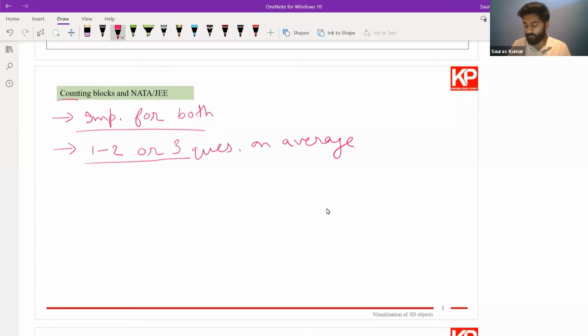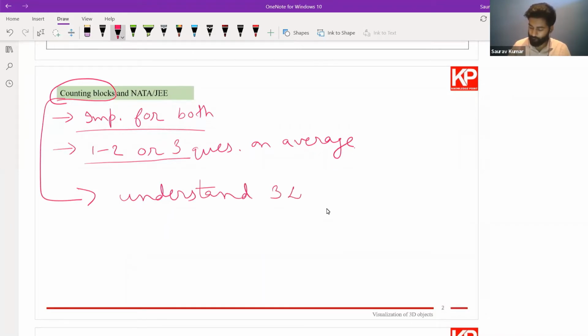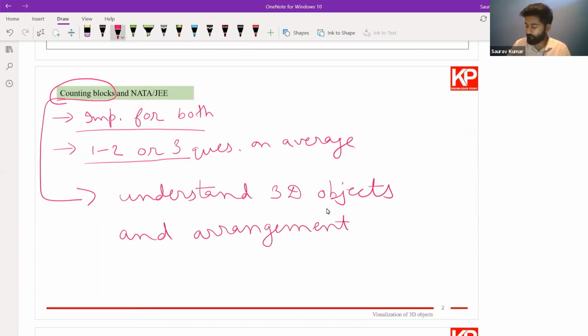And in this particular topic, that is the counting blocks, we need to understand the 3D objects and the arrangement of blocks in it. Remember in the previous class, we studied about different mathematical objects, the cube, cuboid, tetrahedron, or anything.